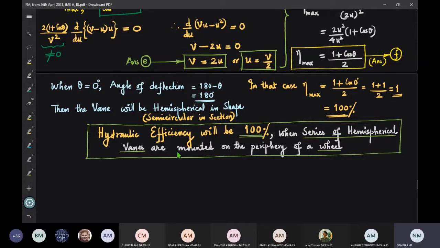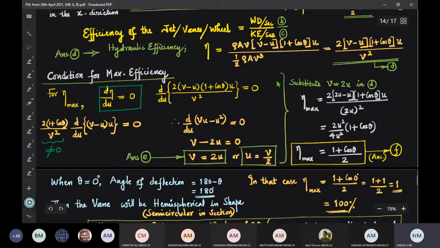A series of hemispherical cups, which we usually call hemispherical buckets, are mounted on the periphery of a heavy wheel, which is called the Pelton wheel or Pelton turbine. The Pelton turbine is a very highly efficient impulse turbine design. These concepts are essential as we proceed further, especially when we discuss velocity triangles, which we will do in the next class.